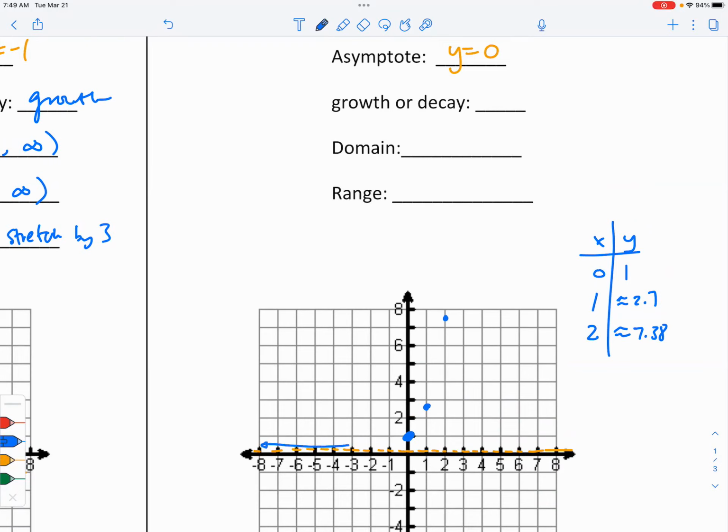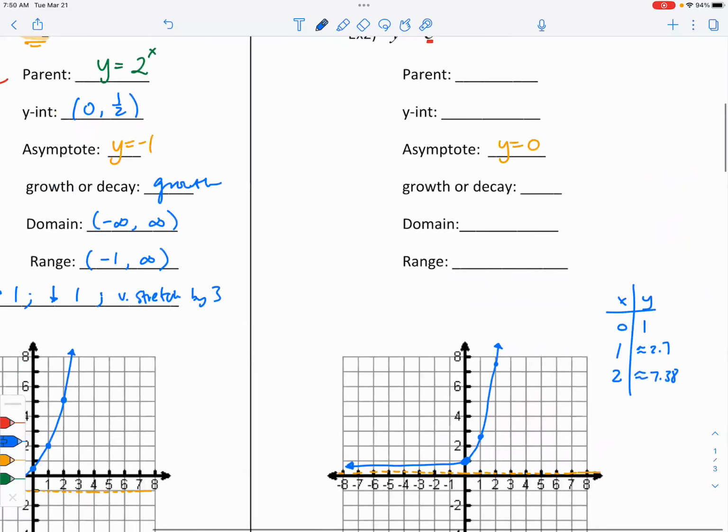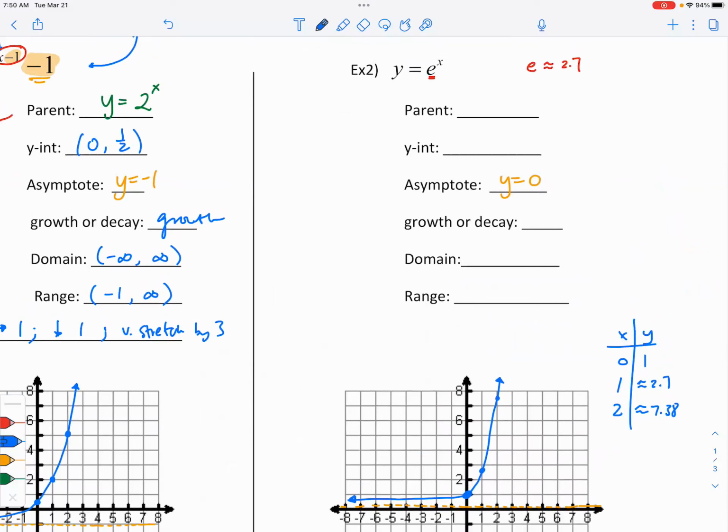And there we go. Let me draw a better looking graph. This is a growth. Yes, it's getting bigger and bigger. So again, here's a little terminology. If we say the base of the exponential function, the base, okay?